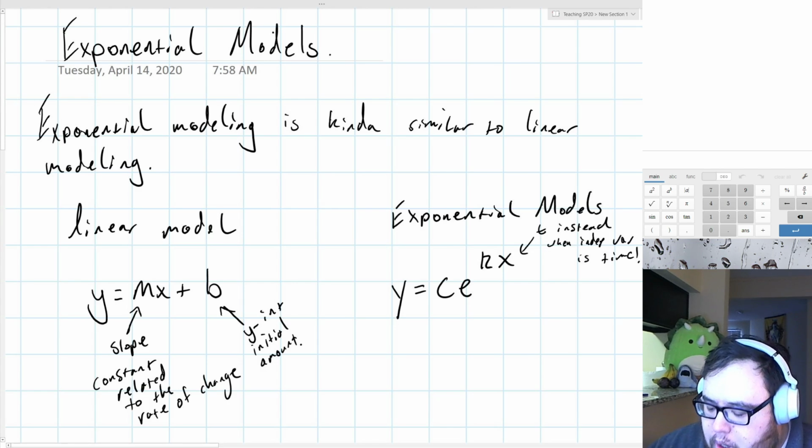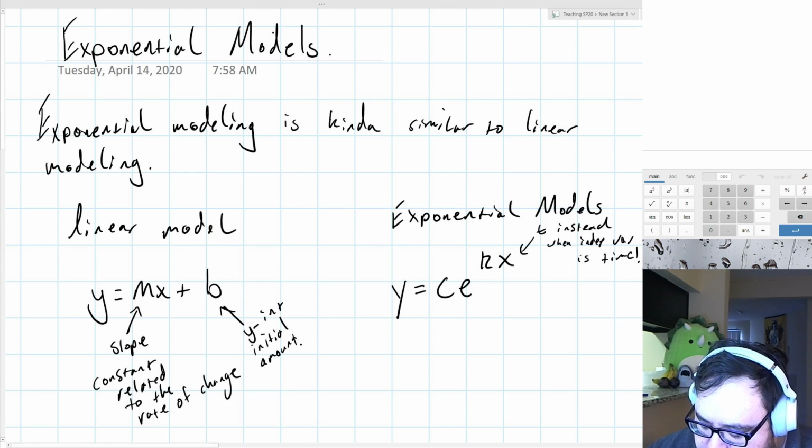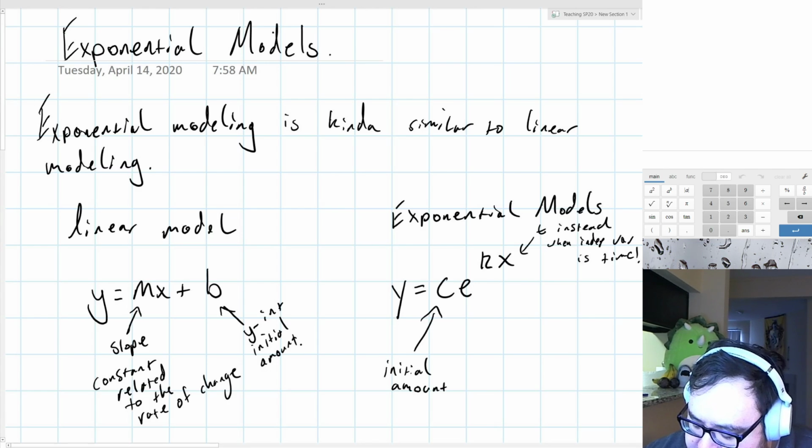But this c and this k are exactly similar to the things we have over here. This c is an initial amount or a y-intercept. And this k is some constant related to the rate of change.